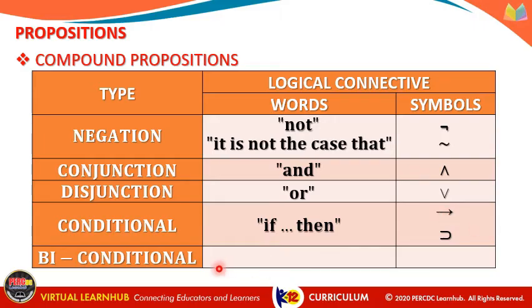Lastly, you have the biconditional proposition. It is if and only if. So if you read if and only if in your proposition, then what you have is a biconditional statement. As for the symbol that is used for biconditional propositions, it's a line with double arrowhead. So these are the types of compound propositions with their connective words and the symbols that usually represent them.